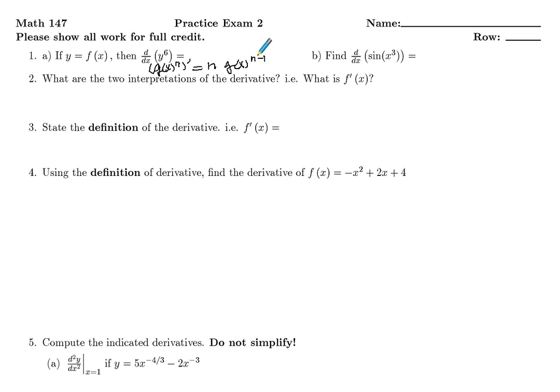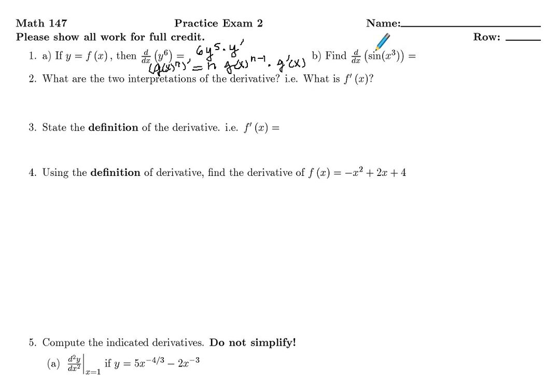So exponent comes down, decrease the exponent, times the derivative of the inside function g prime of x. So that's what we're doing here. The 6 comes down in front, times y to the 5th power, just like a regular derivative, but then the inside function is y, which is f of x. So times the derivative of the inside, y prime or dy dx.